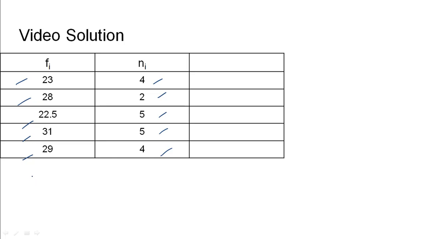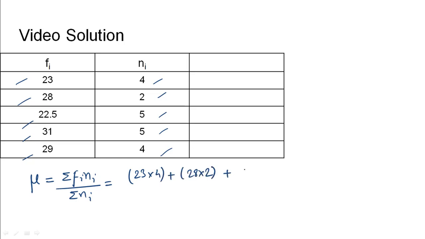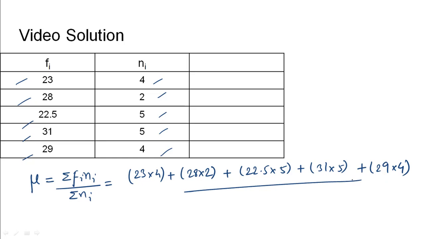So firstly we will find the mean compressive strength, that is given by summation of Fi by summation of Ni. This would essentially be the same as 23 into 4 plus 28 into 2 plus 22.5 into 5 plus 31 into 5 plus 29 into 4 divided by the total number of specimens, that will be 20 as given in the problem.